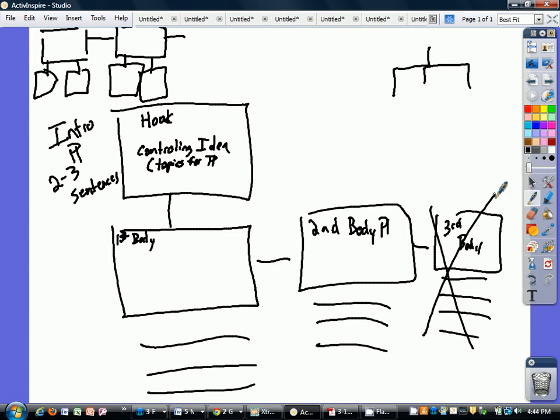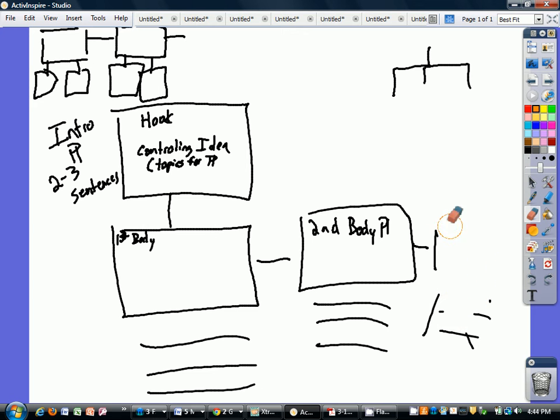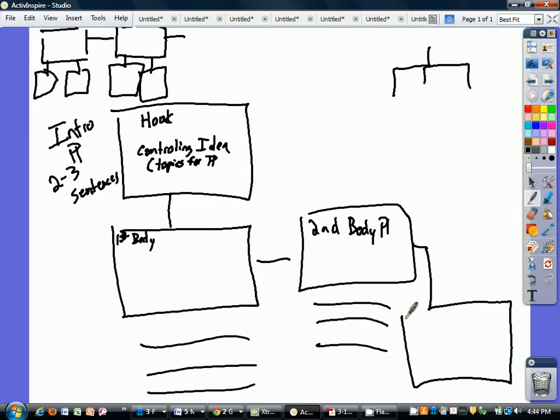So you flow directly. Let me erase that. You flow from your second body paragraph, head back, you flow to your conclusion. Again, the conclusion is important, but it is not the meat of your paper. You need to think of your paper as a sandwich. You got a thin piece of bread, a thin piece of bread.